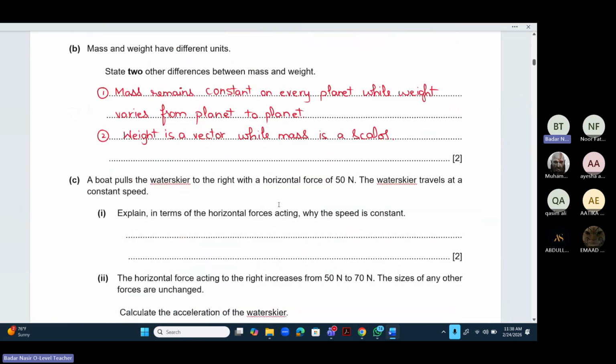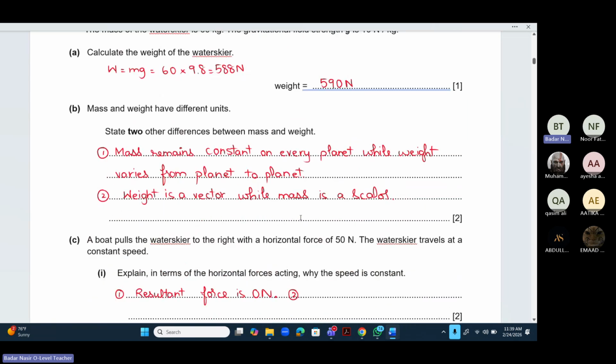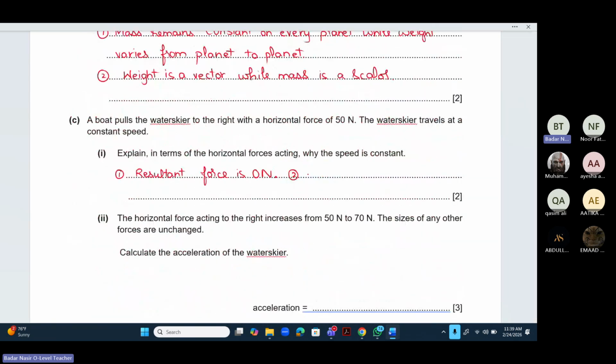Okay? So one mark: since the speed is constant, we can write that the resultant force is 0 Newton. And what is the other point? The other point is that the forward force, which is the tension, and the backward force, which is the drag force, are both equal.